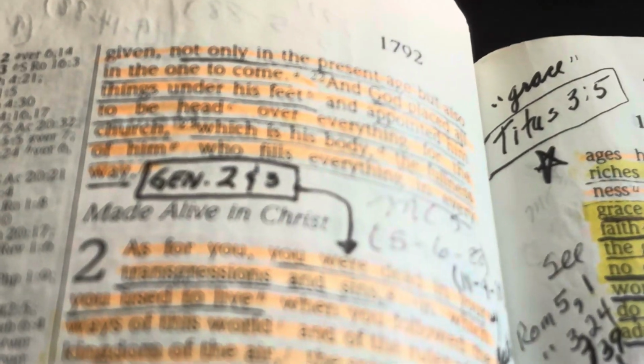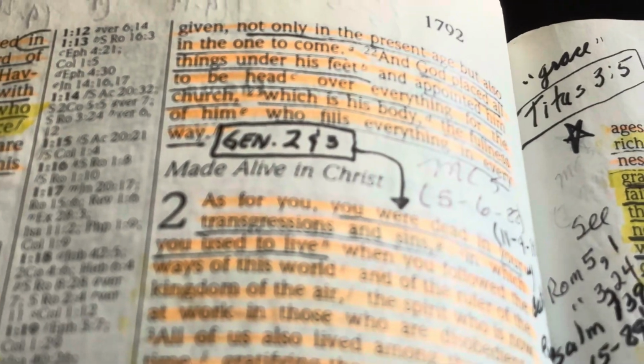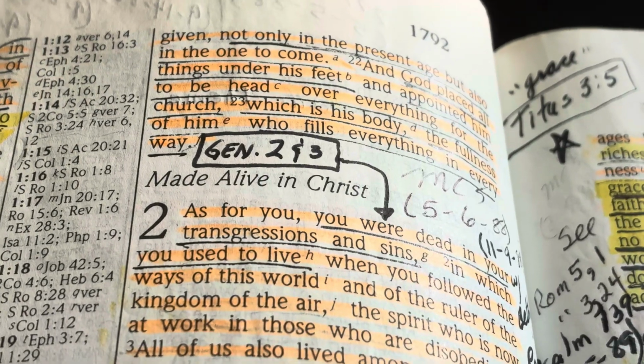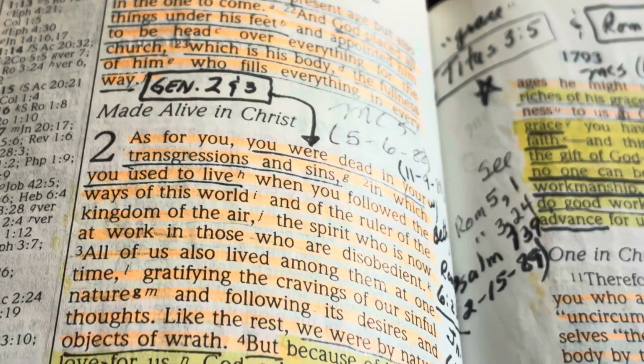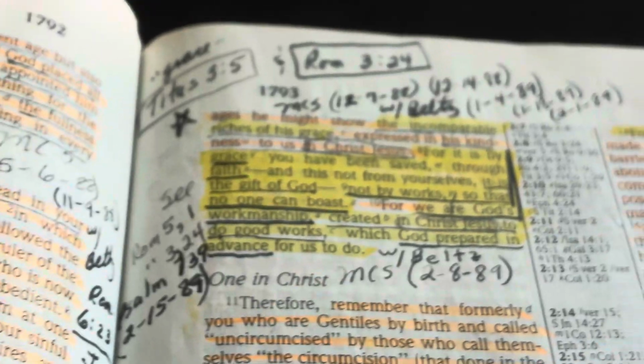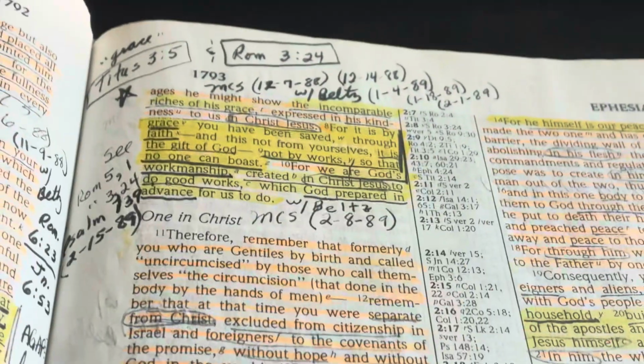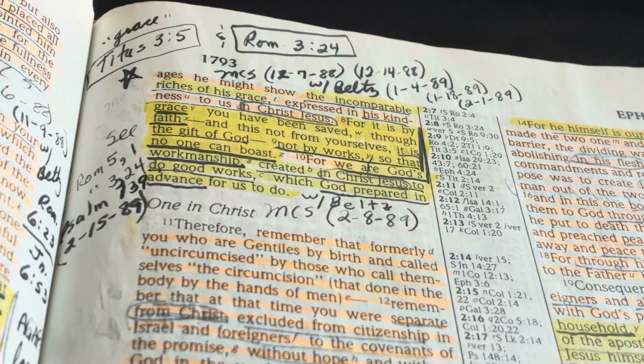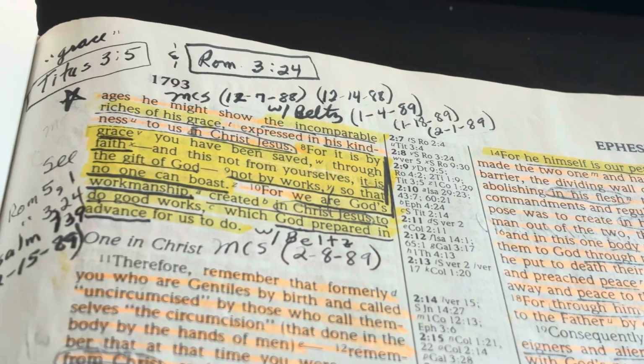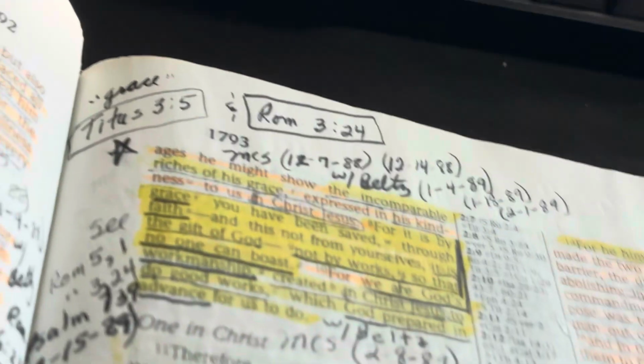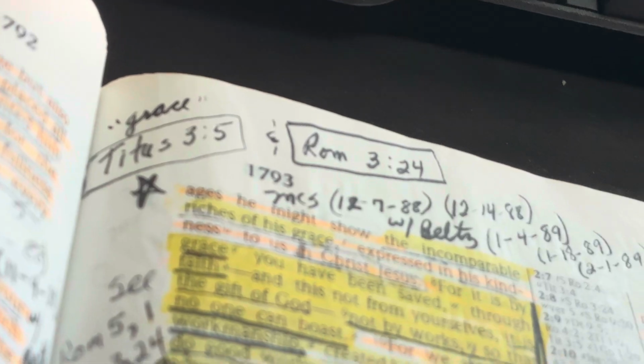Over here, he references Genesis 2 and 3 right here. And over here, you got a bunch of notes right here. Other references to other scriptures. Yeah.